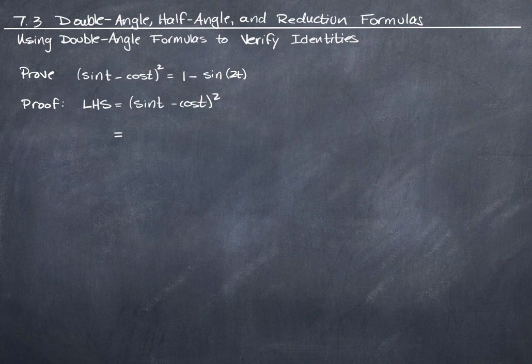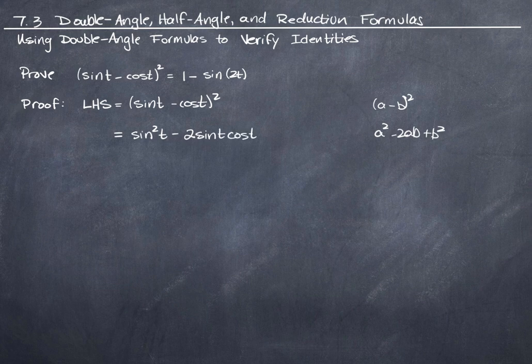If I expand this, it's from algebra. This is like saying a minus b squared, and that's going to be a squared minus 2ab plus b squared. If you don't remember how to do that, then that's something you might want to come and have a quick conversation with me about, and I can show you, or I can show you in class. So here I'm going to get sine squared of t minus 2 times sine of t cosine of t.